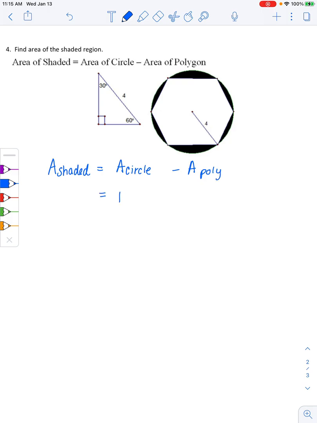Quick reminder, area of circle is pi r squared. The radius, which is dictated right here, center to edge of circle, is given as 4. So this is 16 pi.